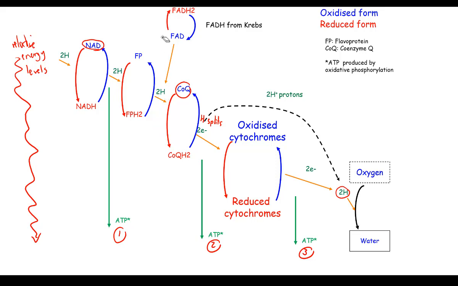Now, in both cases, so whether it's NAD or FAD bringing the hydrogen to the electron transport chain, the ATP is produced by oxidative phosphorylation. This basically means that ATP is produced by phosphorylating the ADP, and the energy comes from a series of oxidation reactions.